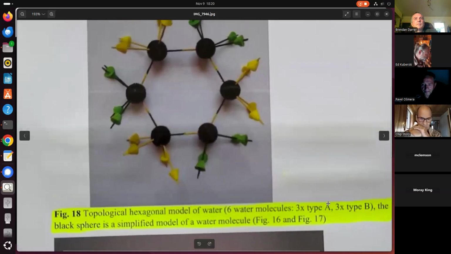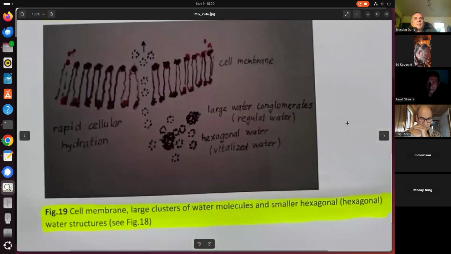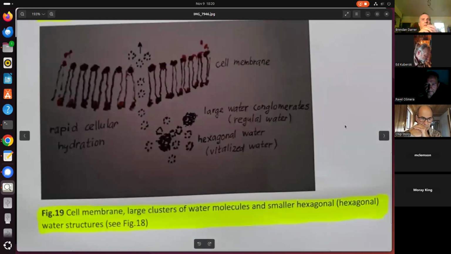Figure 19, cellular membrane, large clusters of water molecules and smaller hexagonal water structures. So again, you've got rapid cellular hydration, cell membrane, large water conglomerates, regular water, hexagonal water, vitalized water. Okay.